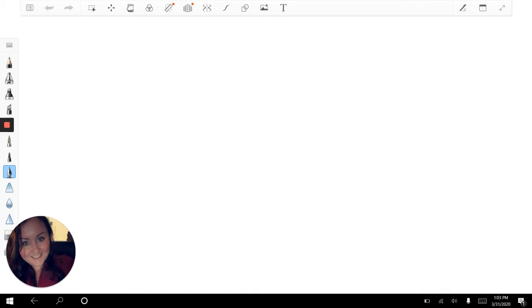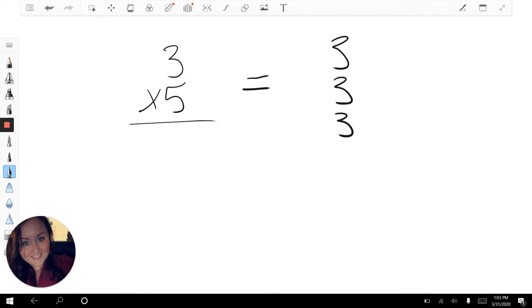Okay, so now when we talk about multiplication, I'm just going to write out 3 times 5. Multiplication is just a more condensed form of adding a bunch of numbers together that are the same number. So 3 times 5 is equal to 3, 1, 2, 3, 4, 5, the same as adding 3 five times.